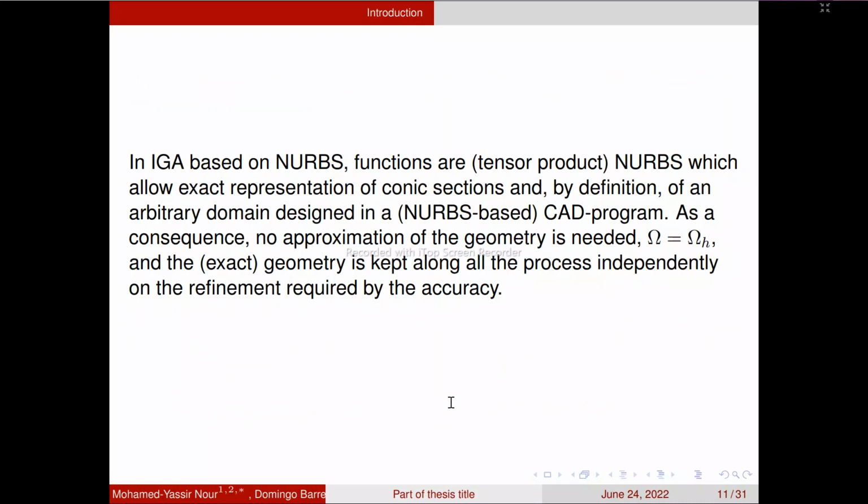IGA normally uses NURBS, by using tensor products, but it is not in general good because we have a problem approximating some shapes like conics and trigonometric functions like that.